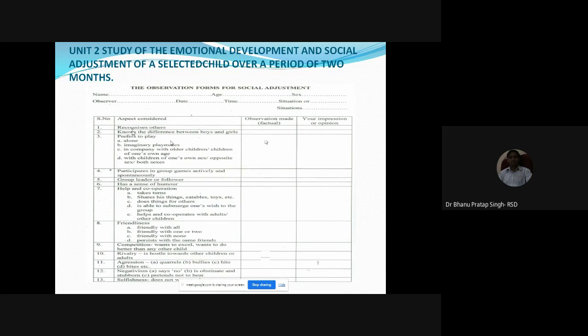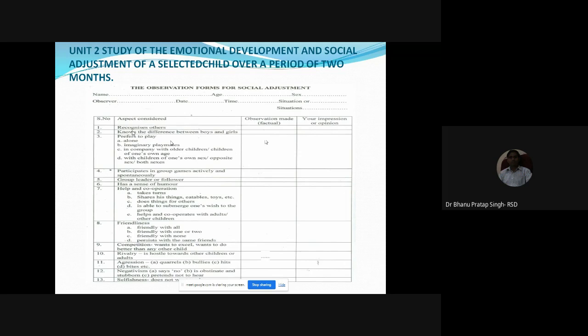If I talk about competition, the child wants to excel, wants to do better than any other child. Rivalry is being hostile towards other children or adults. Aggression means the child quarrels, bullies, hits or bites.